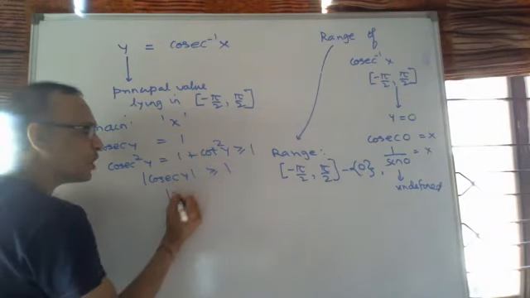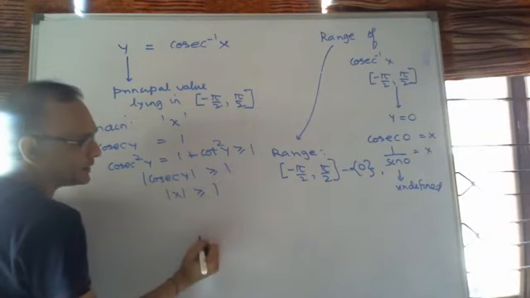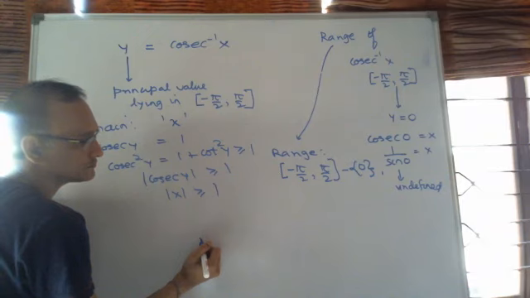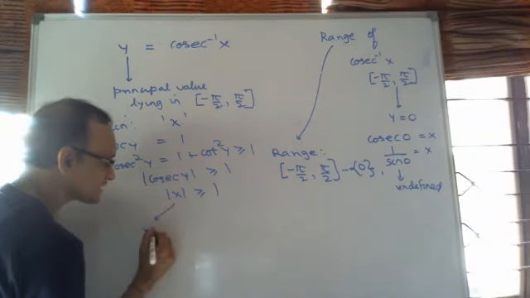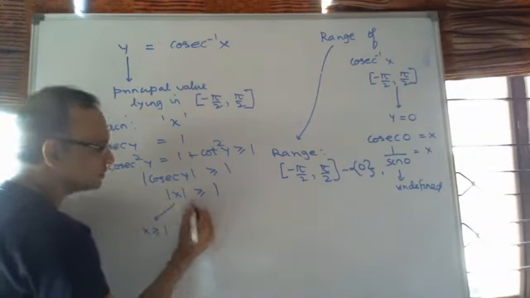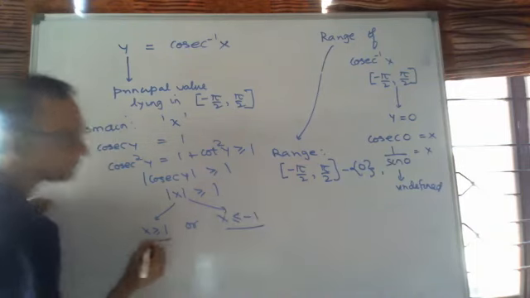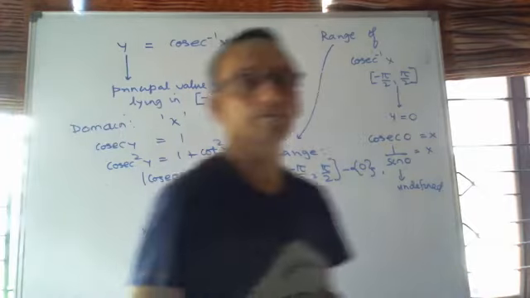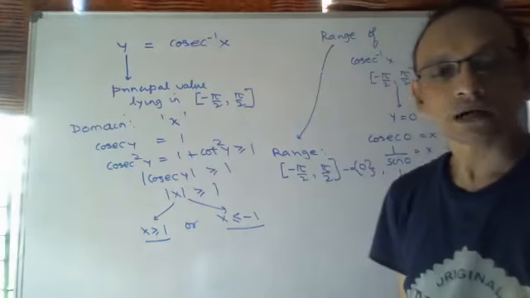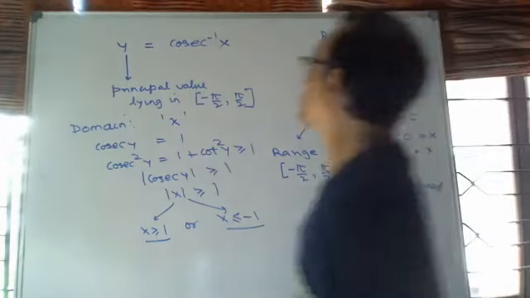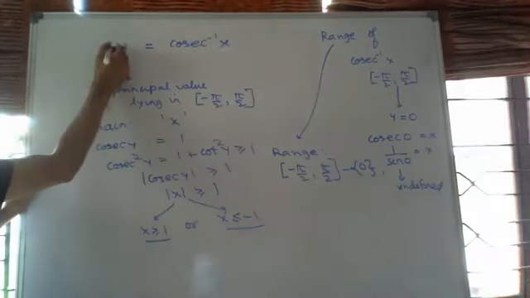That means mod x will always be greater than or equal to 1. What does this mean? x is greater than or equal to 1 or x is less than or equal to -1, right?